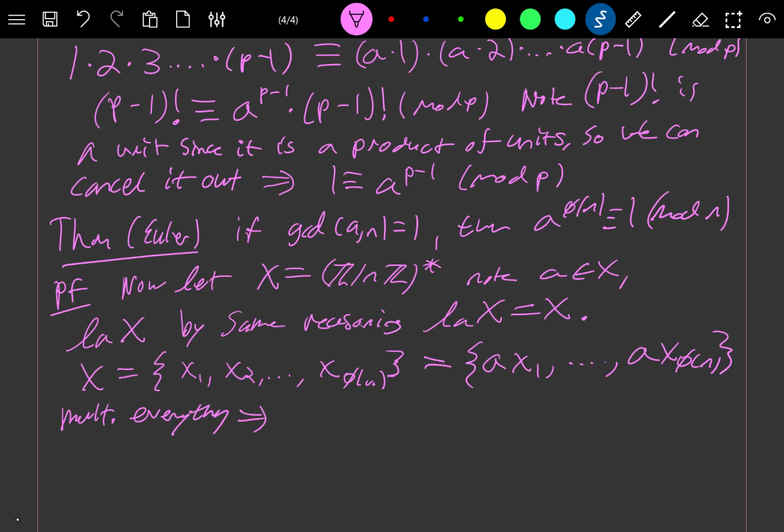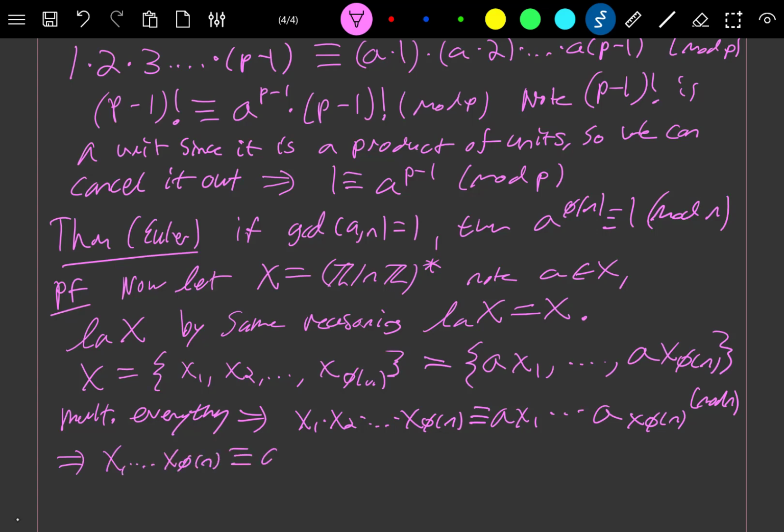And this gives us that x1 times x2 all the way to x sub phi of n is equivalent to a x1 all the way to a x sub phi of n, and this is of course mod n. And this tells us that, pulling out the factor of a, it is equivalent to a to the phi of n, because there are phi of n a's on this right-hand side, times x1 to x sub phi of n, mod n.